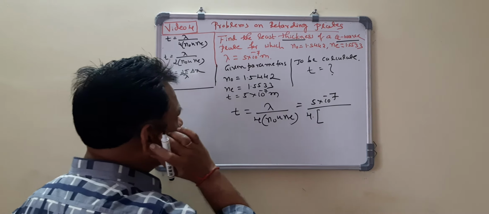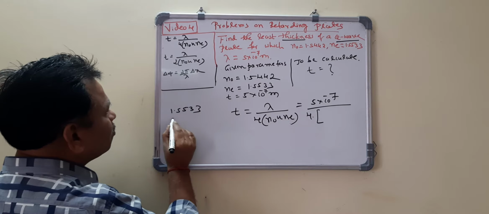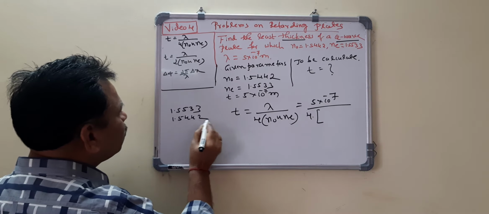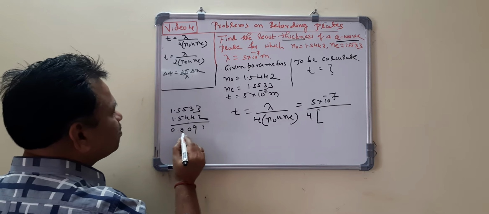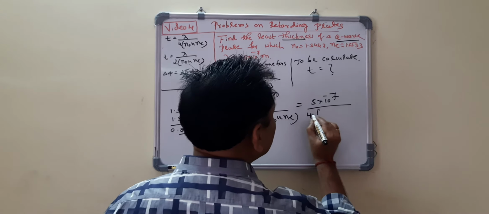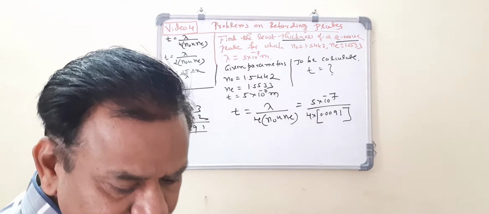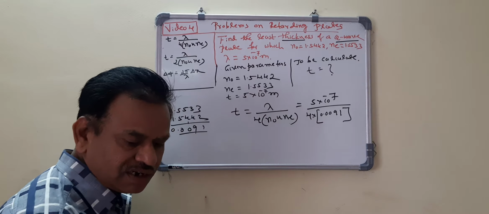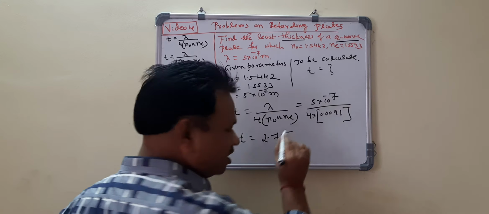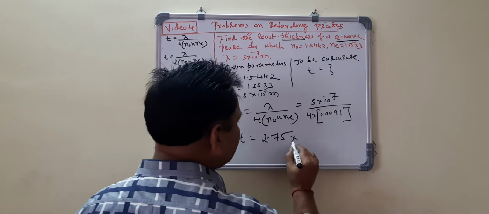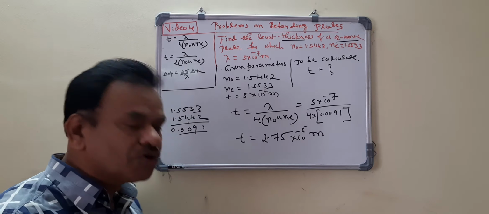You have to subtract the smaller value from the greater value: 1.5533 minus 1.5442 is 0.0091. Substitute all these values and calculate. It turns out to be near about t equal to 2.75 into 10 to the power of minus 5 meter. This is the thickness of the quarter-wave plate.